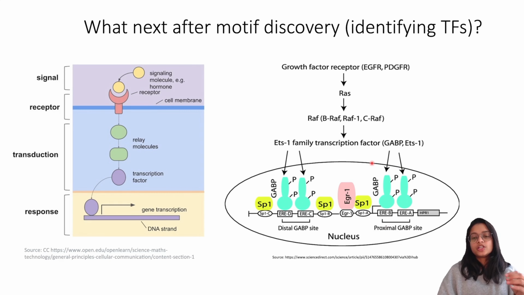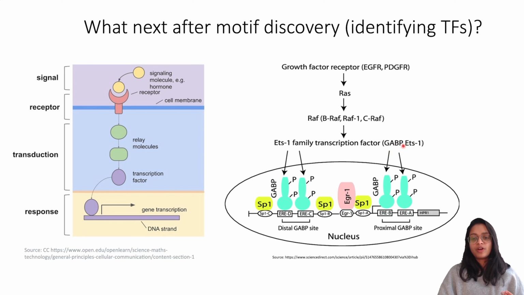This figure shows the signaling pathway and transcription factors involved in HPRT1 gene expression in cancer. The mutations or overexpression of growth factor receptor genes such as EGFR and its downstream signaling molecules such as RAS and BRAF result in increased expression and translocation of ETS family transcription factors such as GABPB and ETS1.